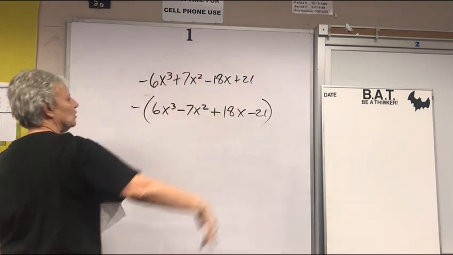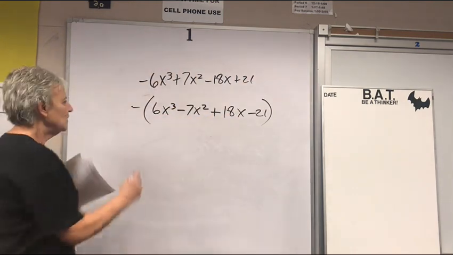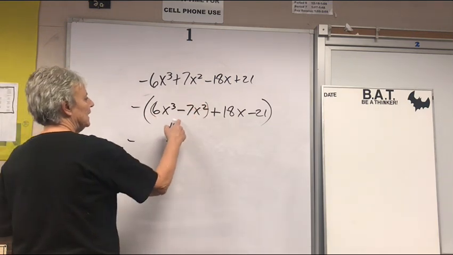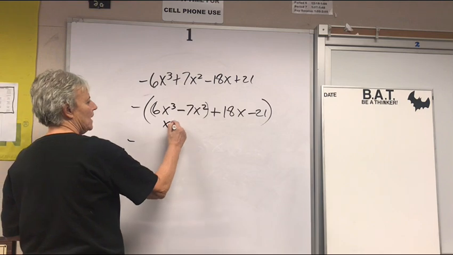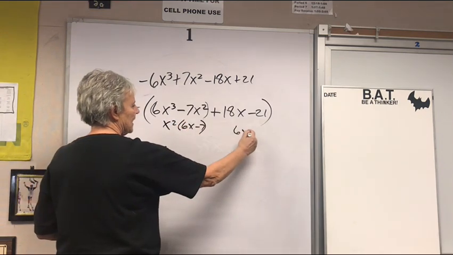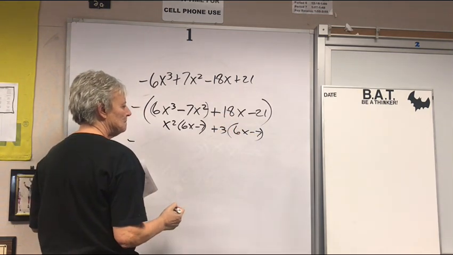See what I did? I just rewrote the whole thing as opposites. And I got that negative out of there right away. So now I can group this. Don't forget that negative. And I get x squared times 6x minus 7, 6x minus 7. And then positive 3.